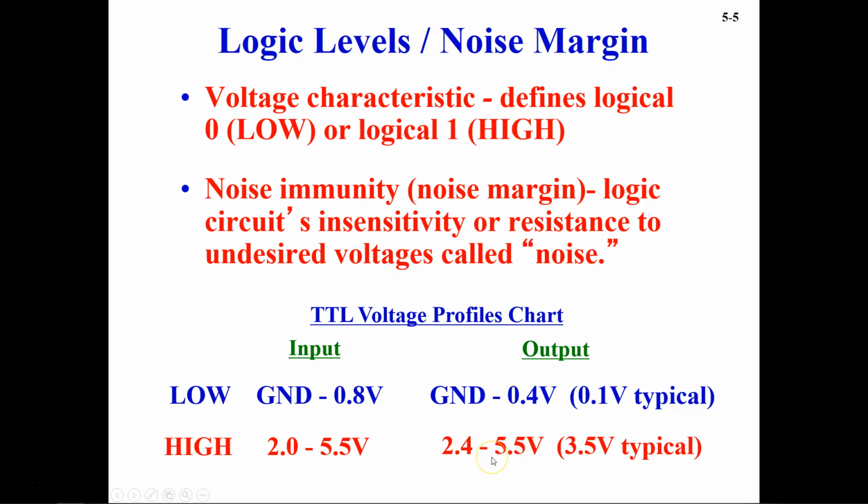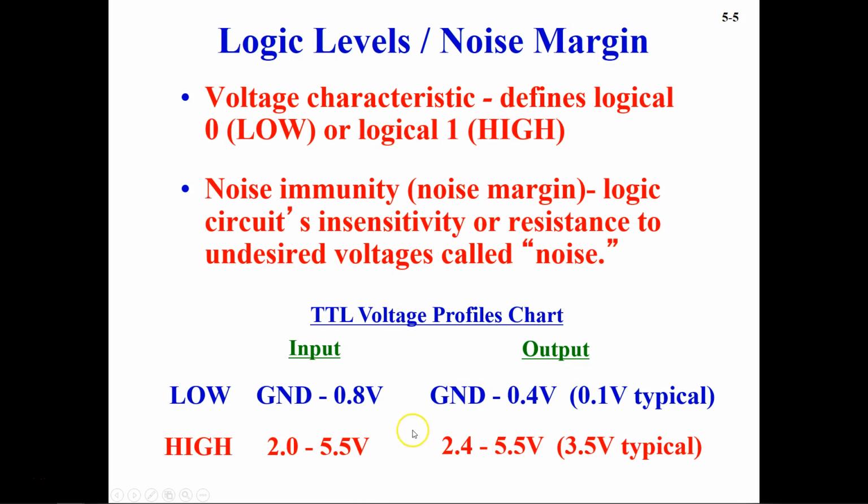Anything in between is your undefined region. You see that the tolerable range for output signal levels is narrower than for input signal levels, to ensure that any TTL gate which is outputting a digital signal into the input of another TTL gate will transmit voltages which are acceptable to the receiving gate.